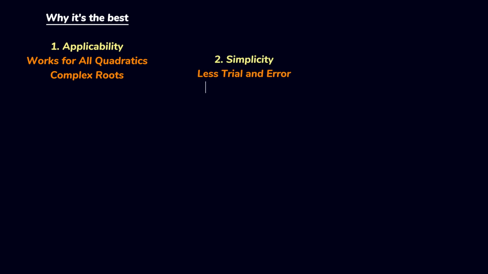Next, simplicity: less trial and error. Factorization often requires guessing factors, which can be time-consuming and may not always lead to a solution. Another thing is direct calculation. The quadratic formula provides a straightforward calculation without needing to find factors.